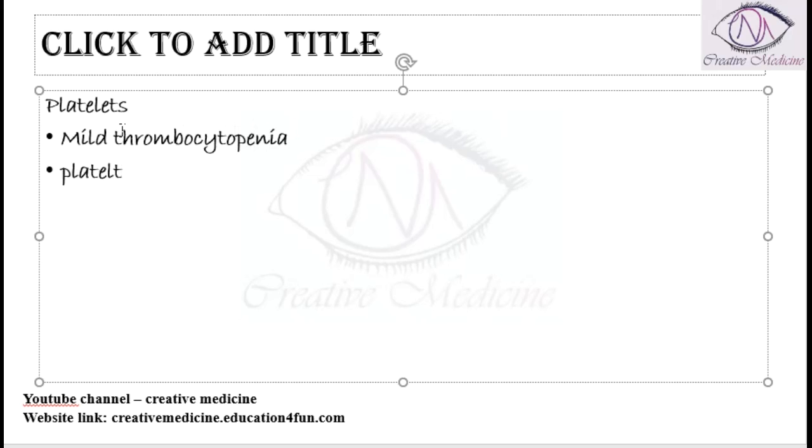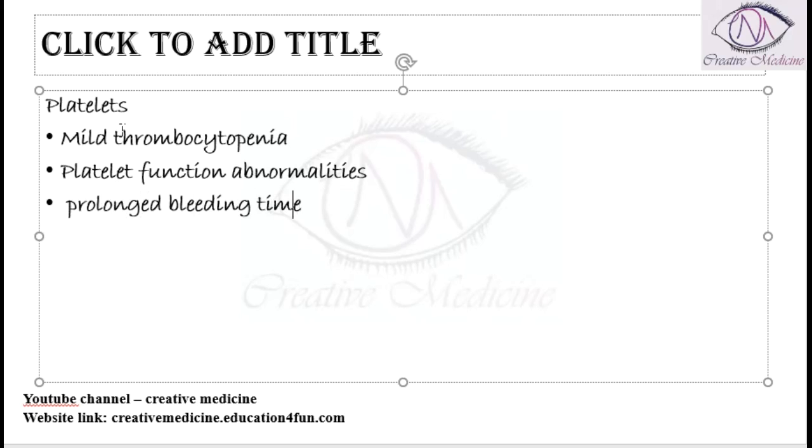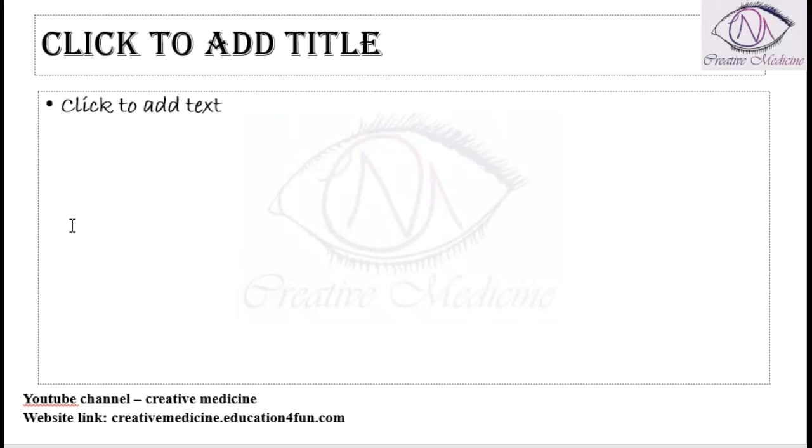Platelet function abnormalities are common in chronic renal failure, and there will be prolonged bleeding time seen in the patients with platelet disorders, and lower platelet factor 3 activity is also seen in these patients. So these are the abnormalities of platelets.